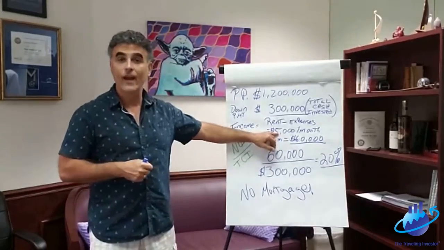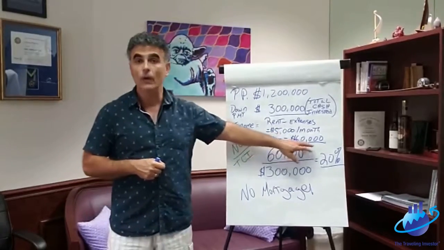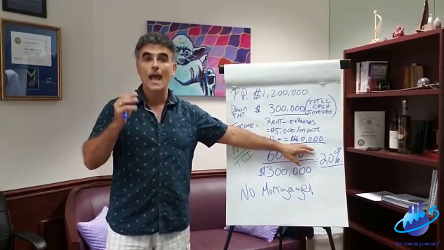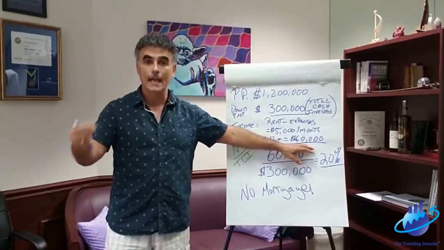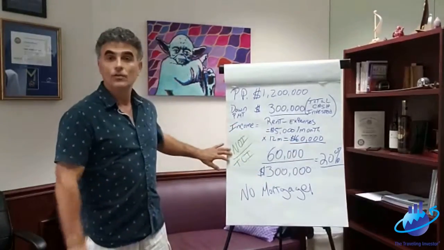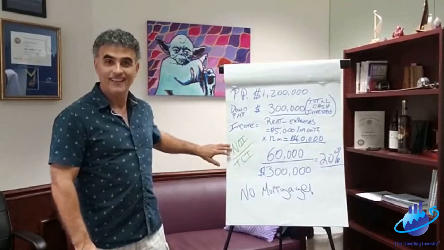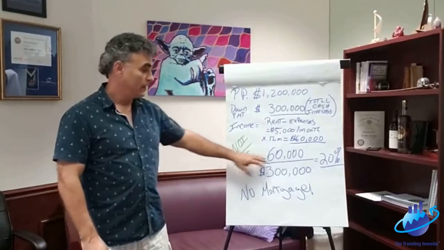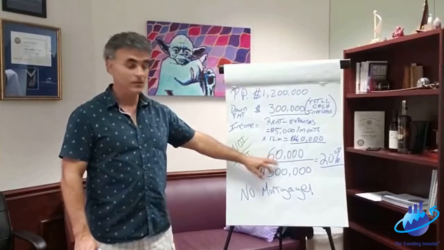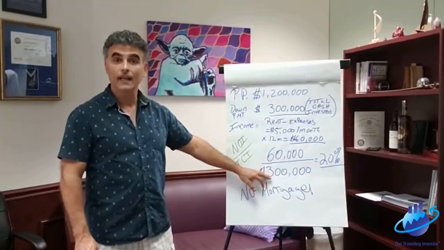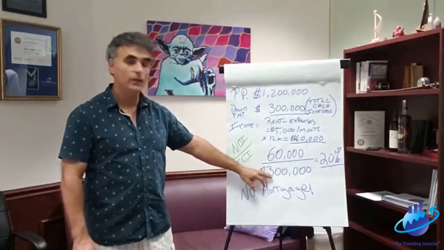So what we do is we take that $5,000, we multiply it by 12, and we have now a $60,000 NOI, net operating income. What's the formula? Remember? NOI over TCI. NOI, $60,000 over TCI, total cash invested. It's $300,000.